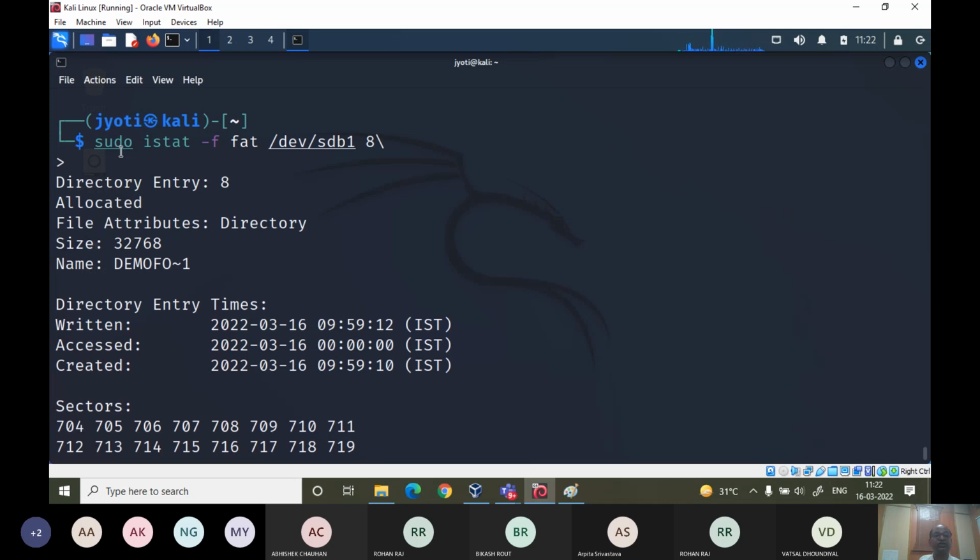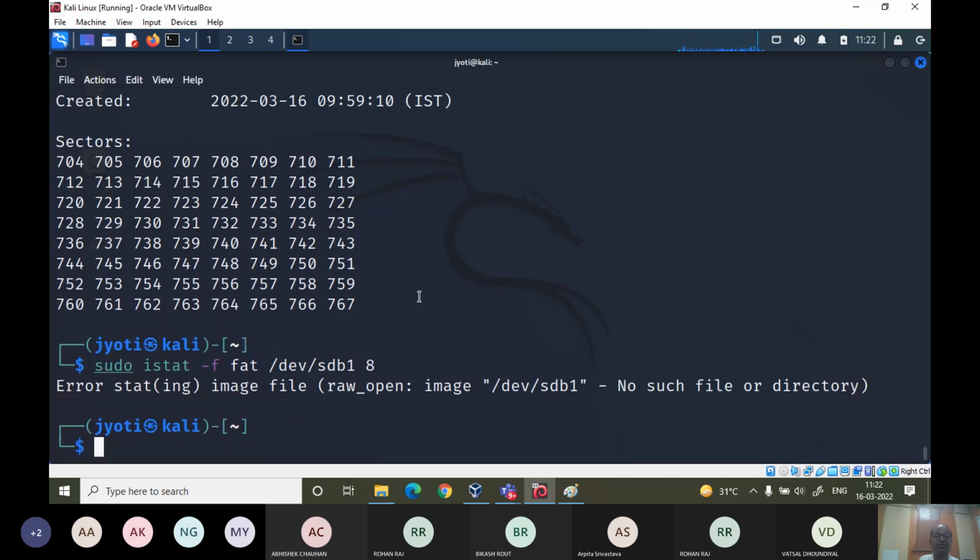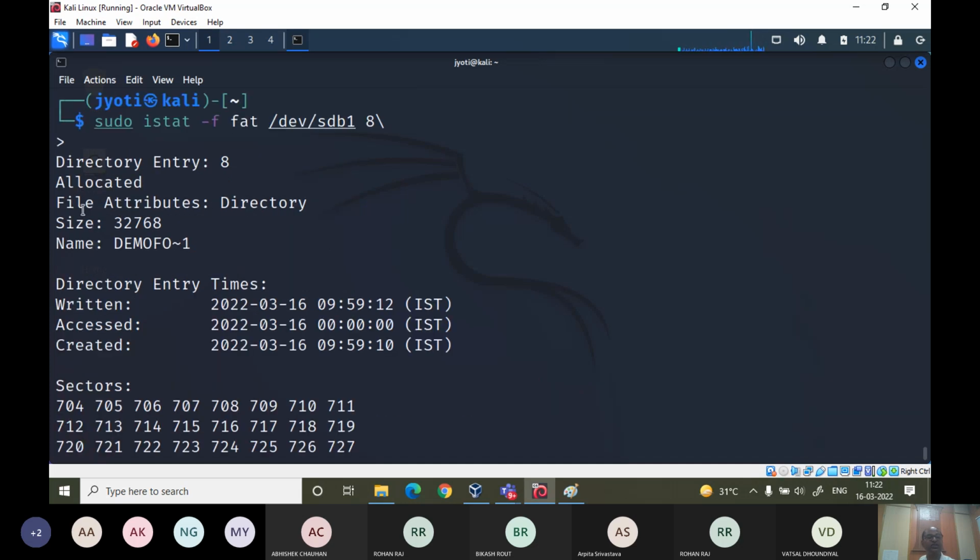If I give this sudo istat, statistics of inode or file information from FAT, so this is in practice not done this way. Now if we give that, you can see it is directory entry 8.